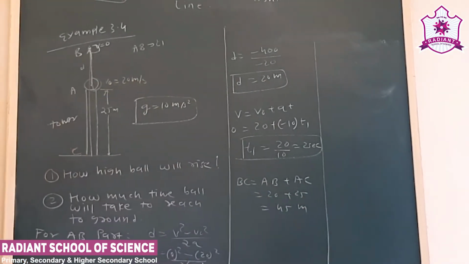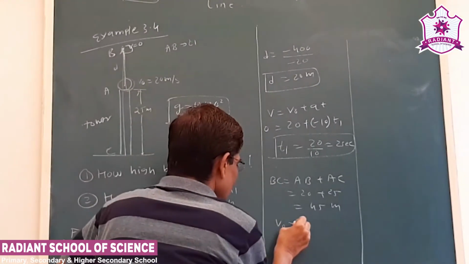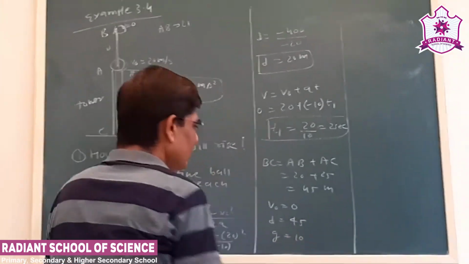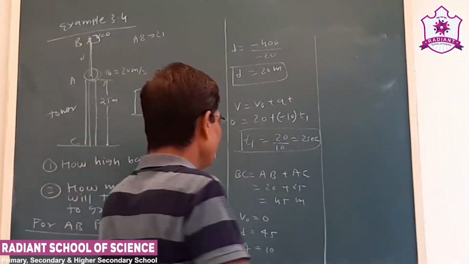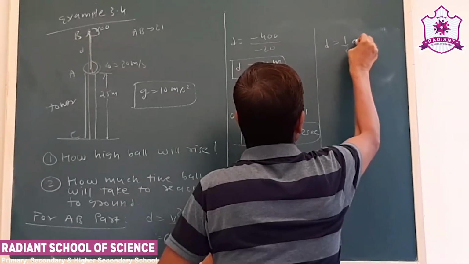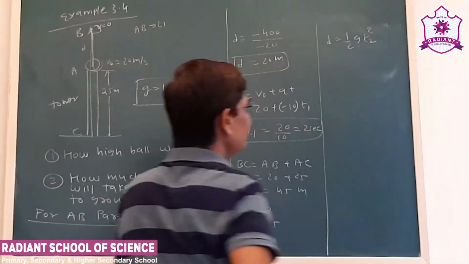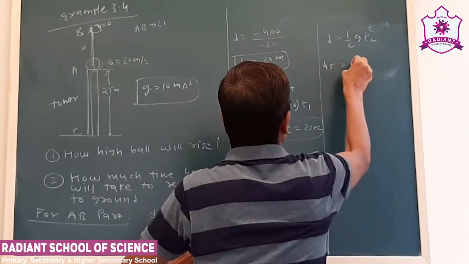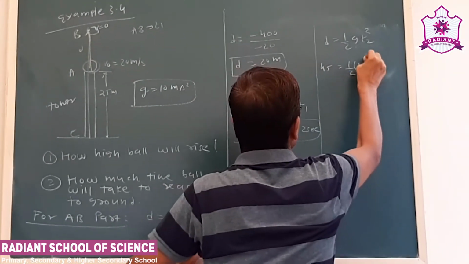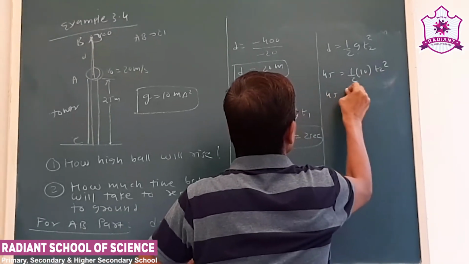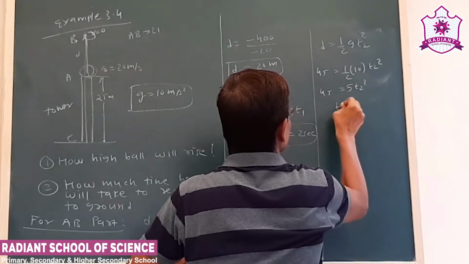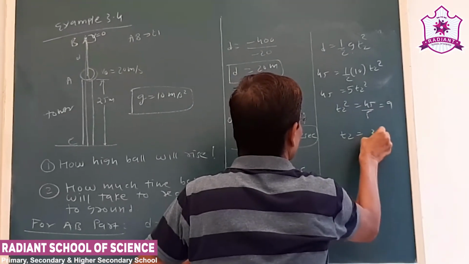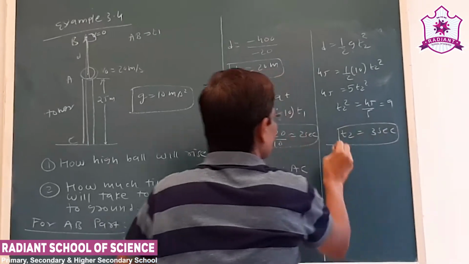Now it is a free falling object. So here v0 is 0, d is 45 and g is 10. Now we have seen the equation for a free falling object: d is equal to half g t square. Let us say time is t2. So 45 is 1 by 2 times g, which is 10, times t2 square.